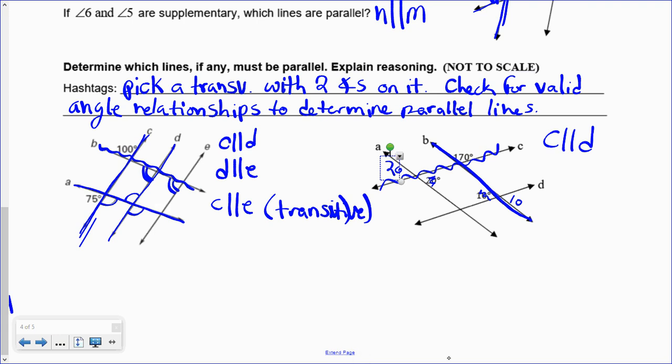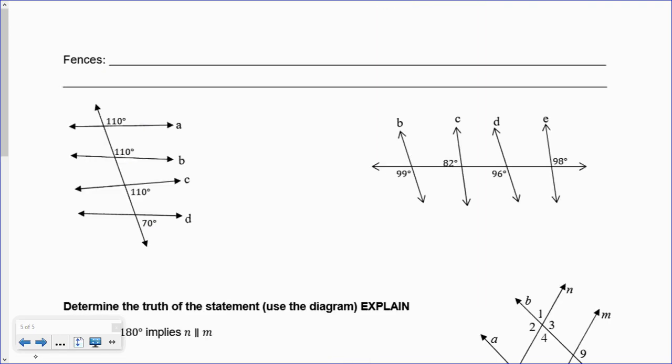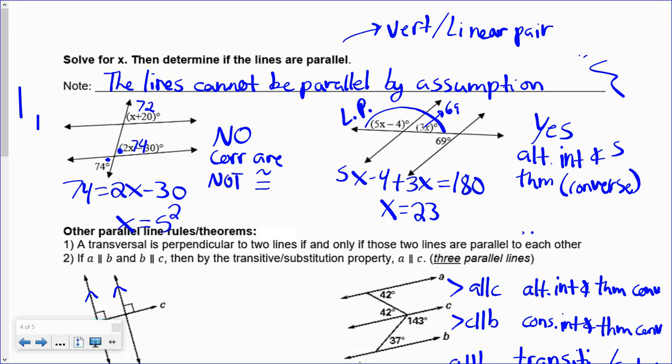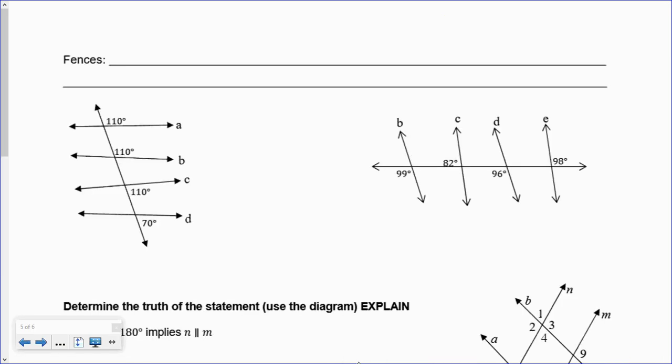When they ask you to explain your reasoning, you would typically tell me the angle relationship. I just want you to verbally say it.